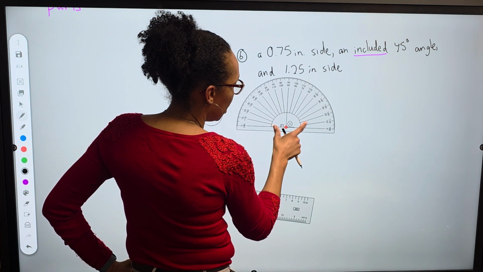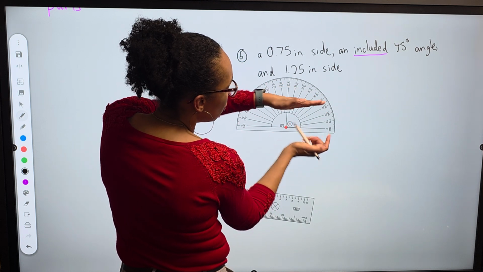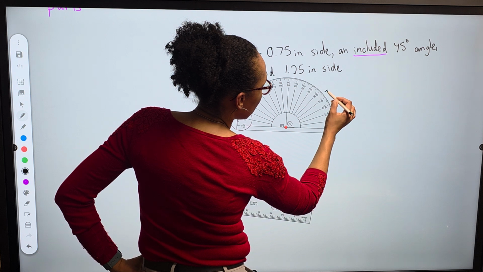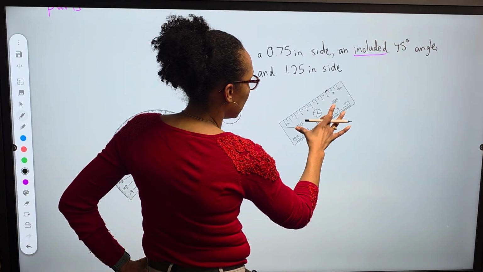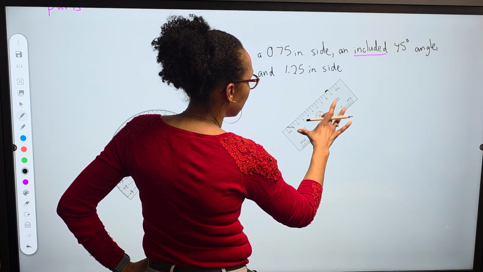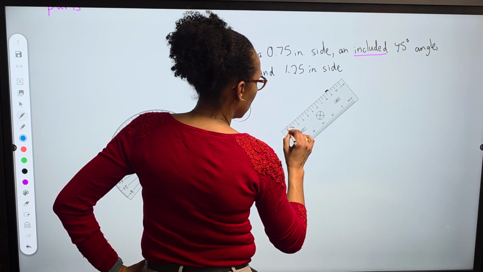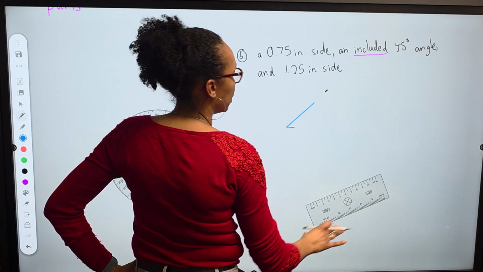So I'm going to put the end in my circle there. Since I'm pointing this direction, 45 degrees, start with 0, would be up here. Use my straight edge to draw a line. And again, I don't need it to be super long, but I'll just draw it like that.